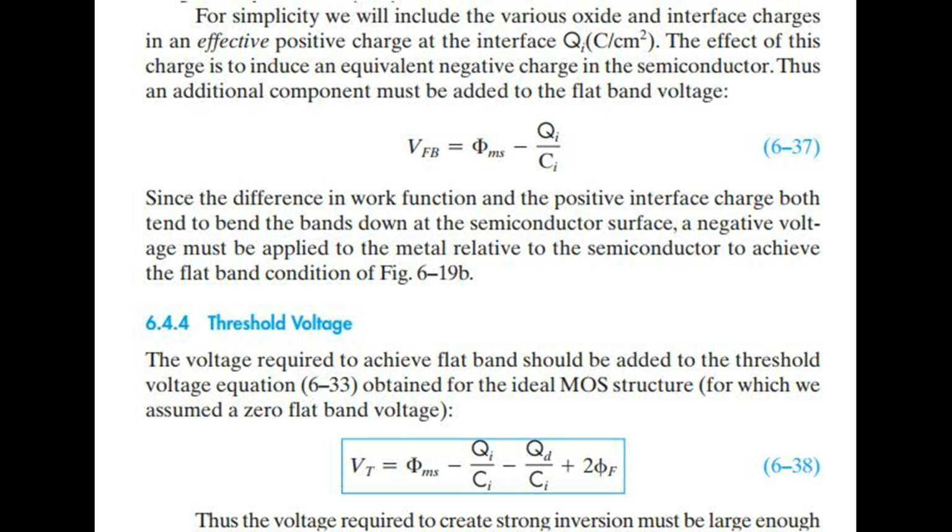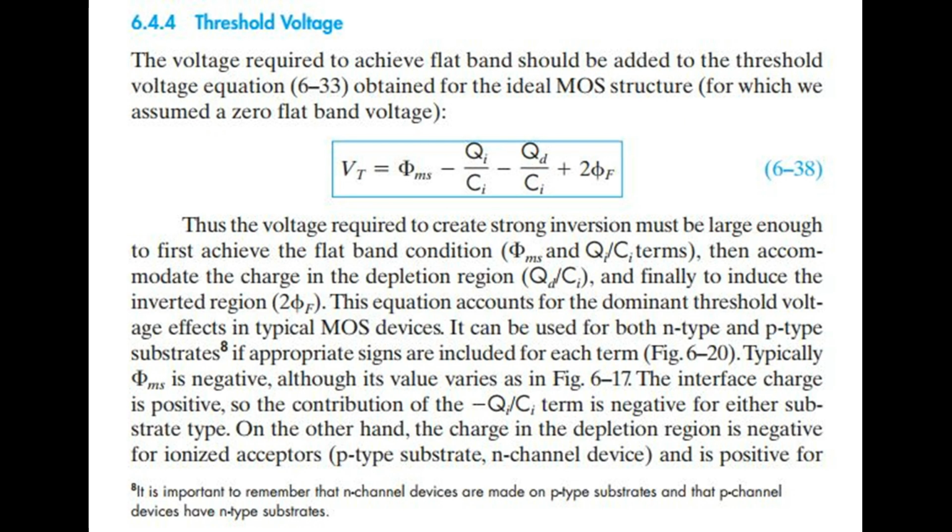Threshold voltage. The voltage required to achieve flat band should be added to the threshold voltage equation, 6.33, obtained for the ideal MOS structure, for which we assumed a zero flat band voltage. Thus the voltage required to create strong inversion must be large enough to first achieve the flat band condition, Φms and Q'/Ci terms, then accommodate the charge in the depletion region, Qd/Ci, and finally to induce the inverted region, 2ΦF.